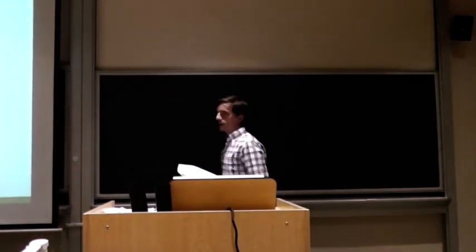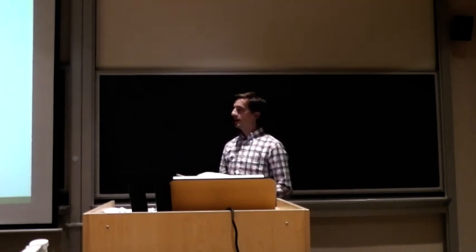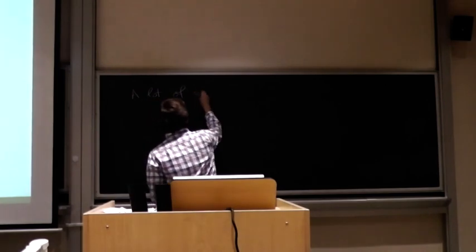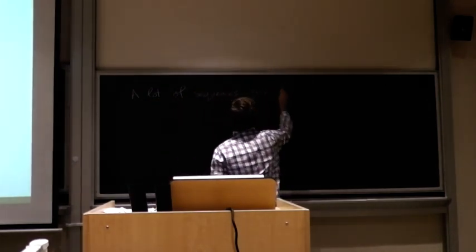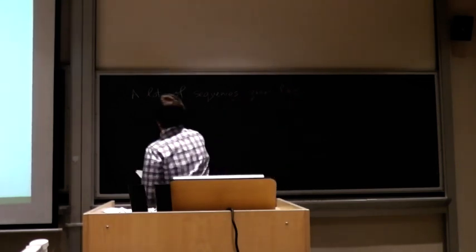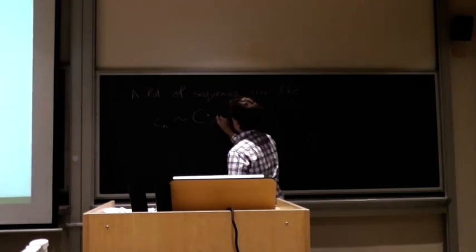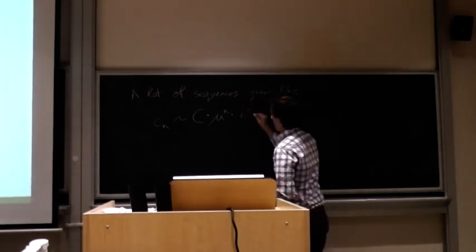When you're looking experimentally for anything, really you have to make kind of a conjecture first about what form you're looking for. Jerome would call that picking an ansatz. Once you pick your ansatz, then you can check if it fits. For asymptotics, there's a particularly simple one. A lot of sequences grow like this: c_n is asymptotic to a constant times an exponential component mu to the n times a polynomial component n to the alpha.